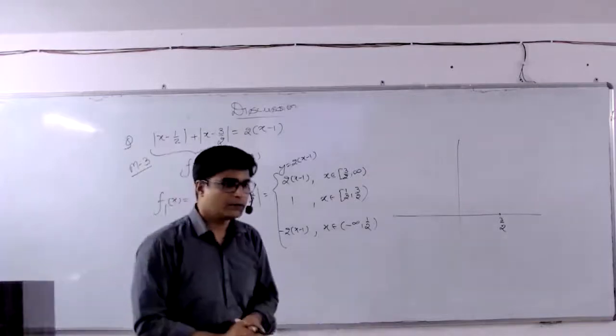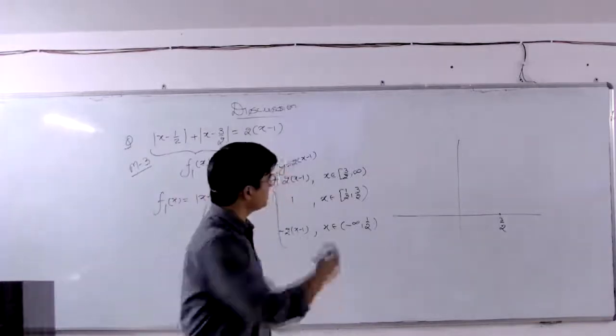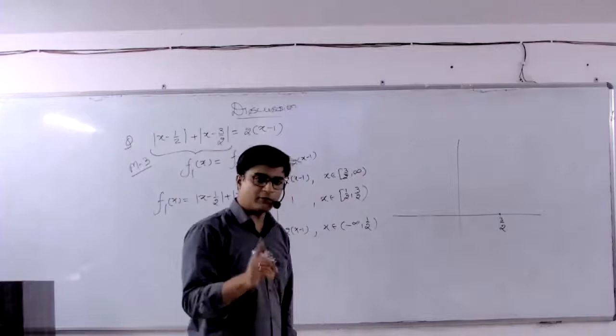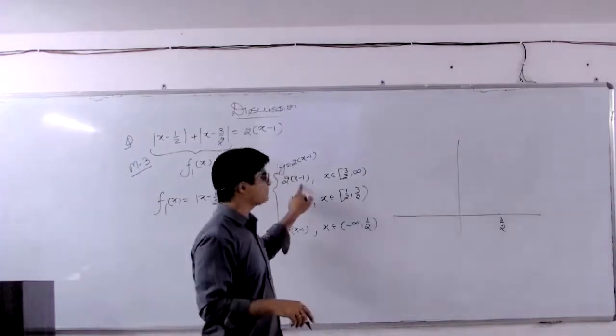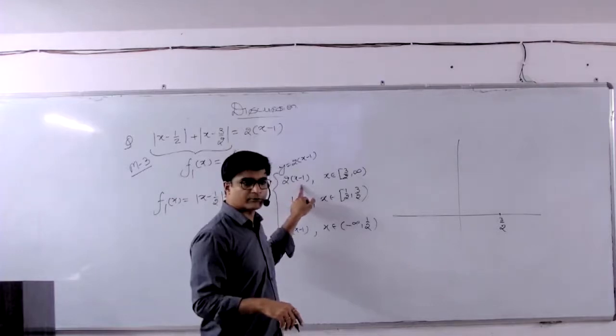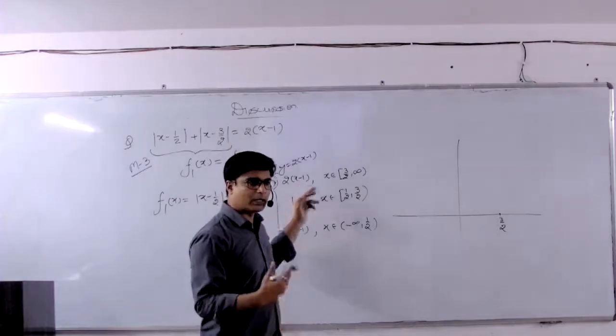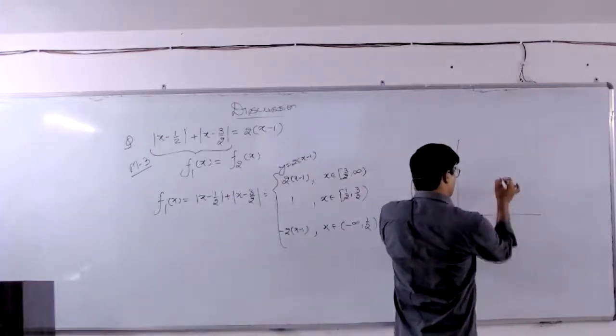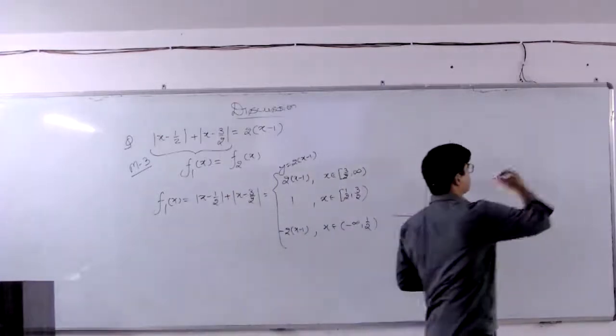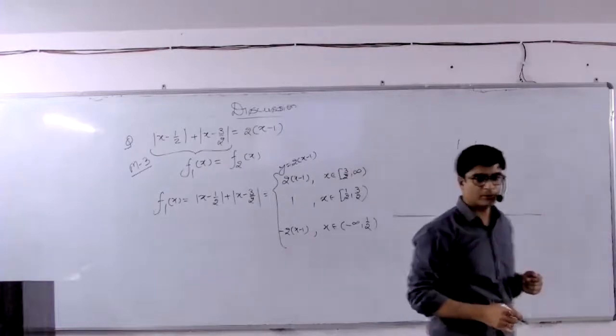Okay. Now it is a straight line and it is valid only starting from 3 by 2. Yes or no? Now at 3 by 2, what is the value of this straight line? At 3 by 2, there should be a particular point, or not? And after that, it will be a straight line. Yes or no?